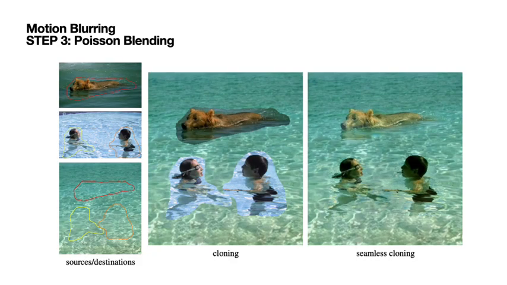So the next step that I've looked into is to directly implement Poisson blending. Poisson blending is a great method to do a seamless merging of two images that belong to different domains.